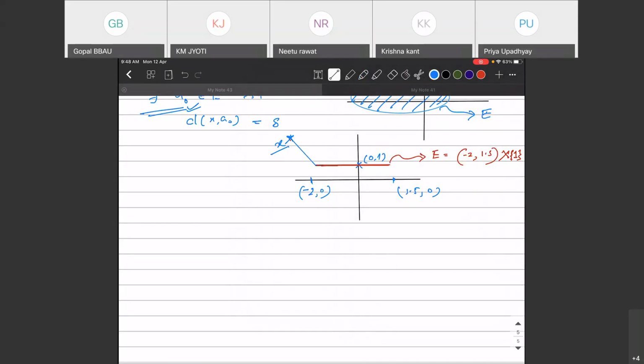This D is the distance between X and the set E. But you know there does not exist any point in E such that this D is attained.